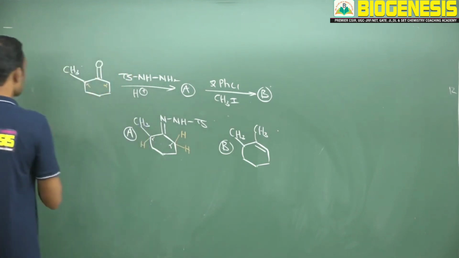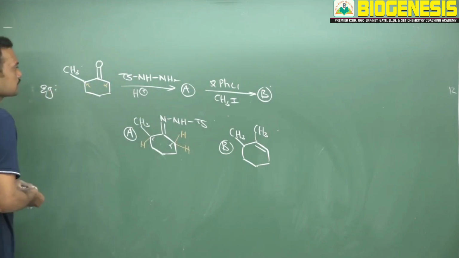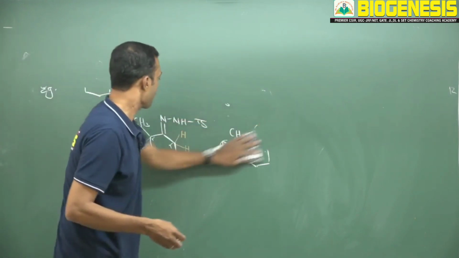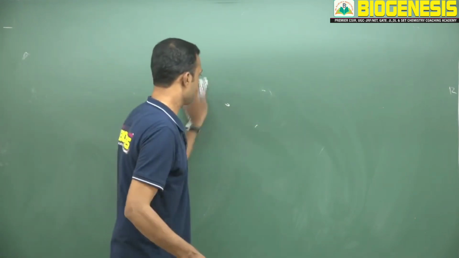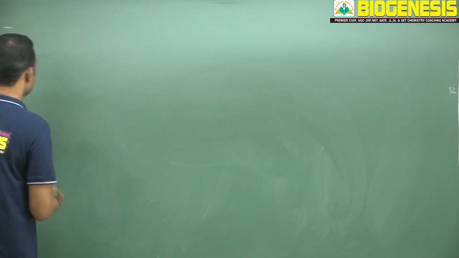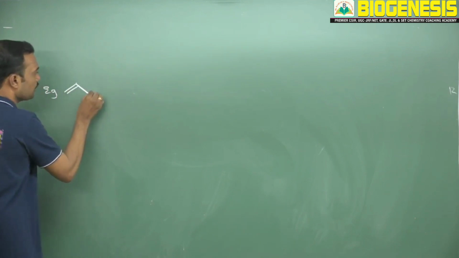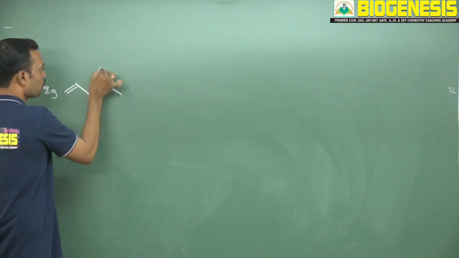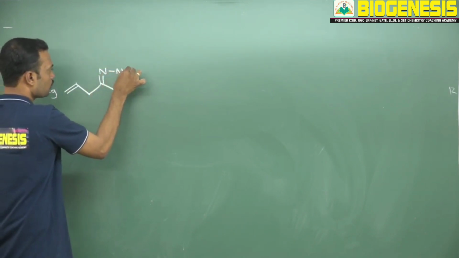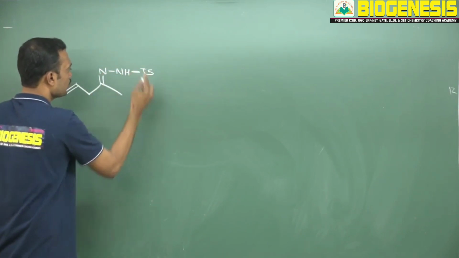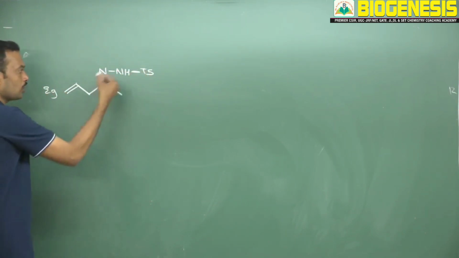Okay, and one more example I will show, the way of asking in the exam. See, if the molecule carries any conjugation, this is the conjugate carbon, and this is a double bond to O, now it is converted to NH and this is Ts, tosyl hydrazine, now converted to hydrazone.